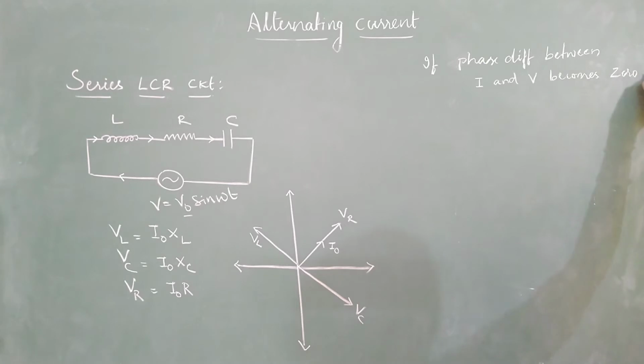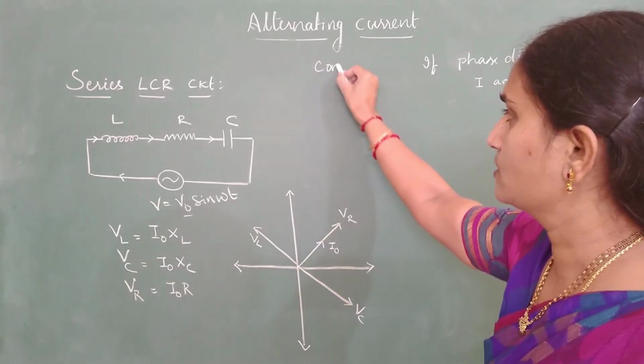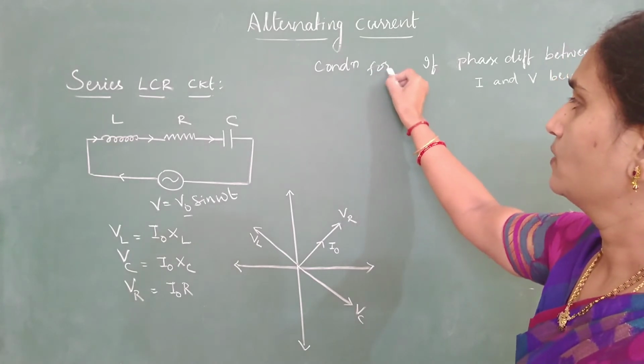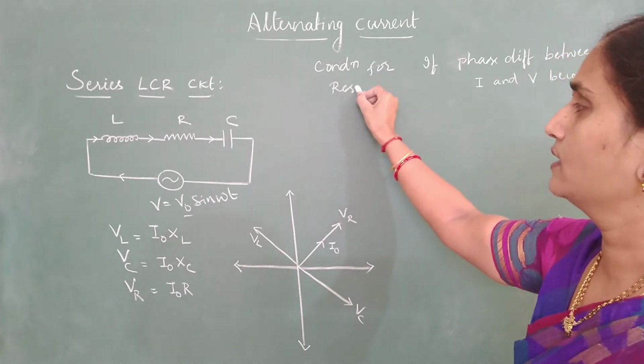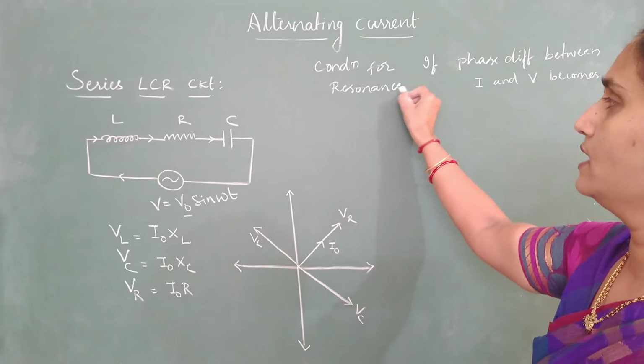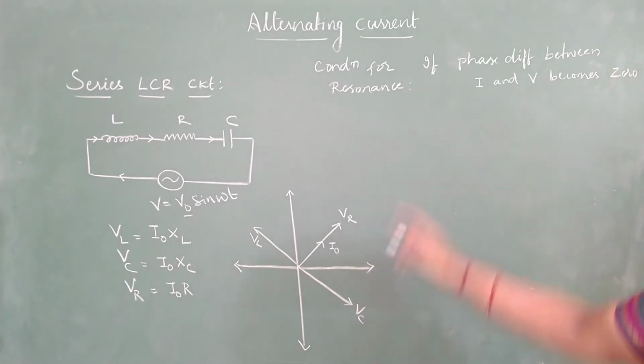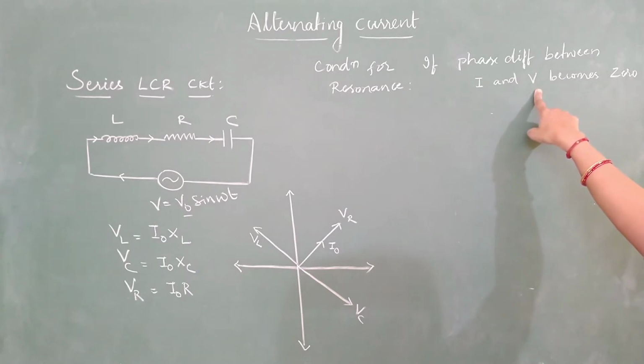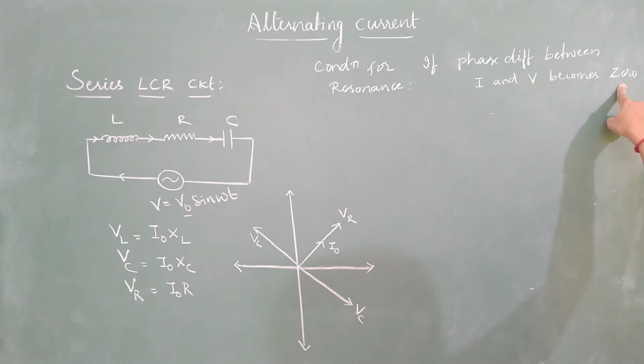You can remember this as the condition for resonance because we will be using it for the remaining circuits also. What is the condition for resonance to occur in a circuit containing an L, C and R combination? The phase difference between the resultant current and the potential difference should become equal to 0.